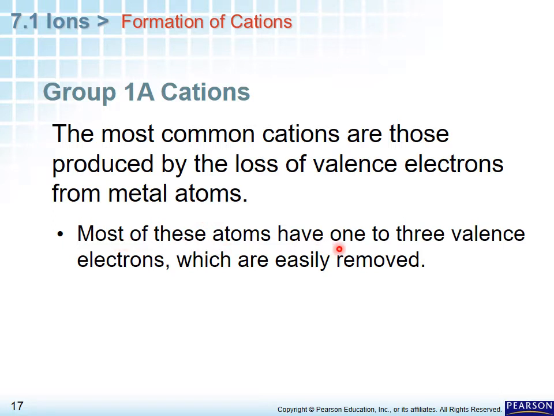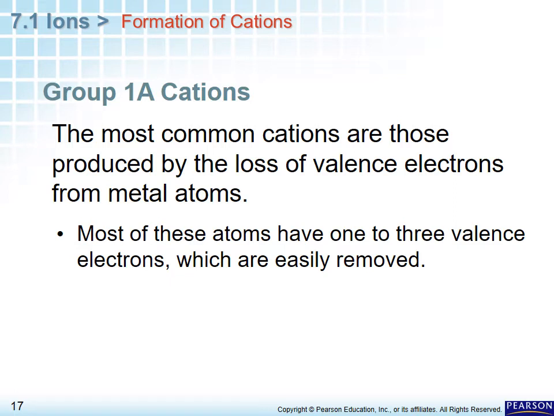Most of these atoms have one to three valence electrons, which are easily removed. What this is saying is that group 1 makes a cation by losing one electron, group 2 loses 2 electrons to become a cation, group 3 normally loses 3 electrons to become a cation very easily.